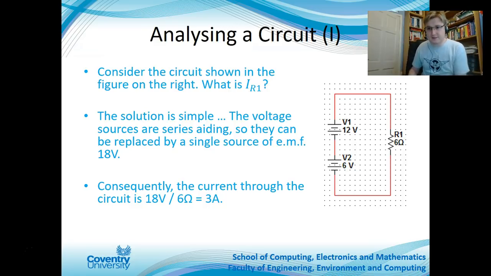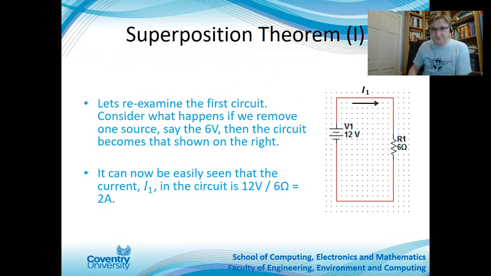So let's do it now with this basic circuit example. Here's our 12 volt source. We've taken out the V2 source and replaced the voltage supply with a short circuit. You can see I've got a short circuit there. If it was a current source, you would use an open circuit.